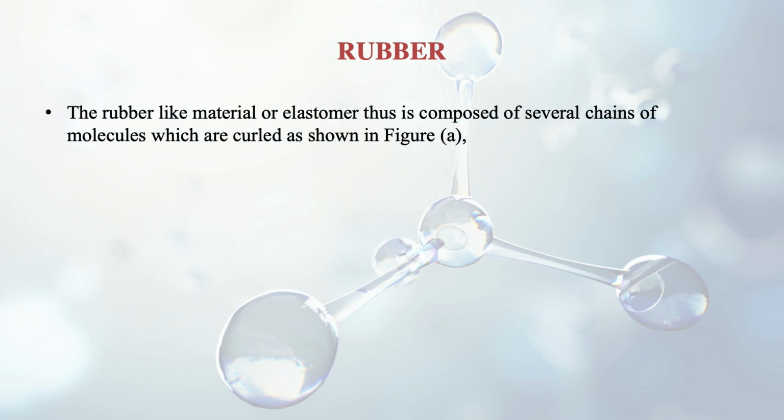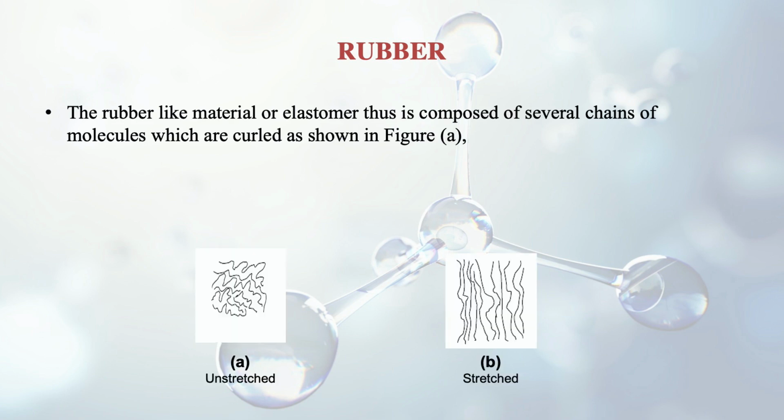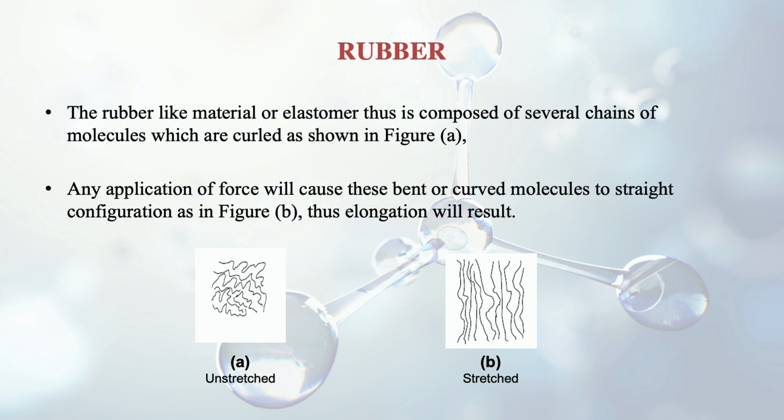So this rubber-like material, or elastomer, is composed of several chains of molecules which are curled, as shown in figure A. This is the unstretched type; the chains are curled with each other. Any application of force on this curled structure will cause the bent or curled molecules to straighten up.